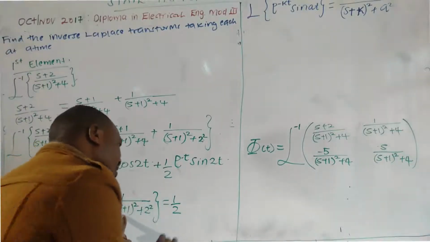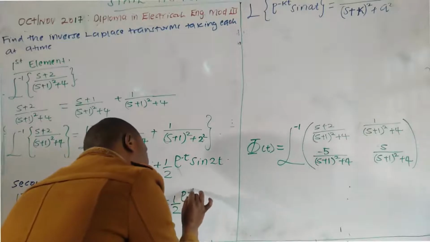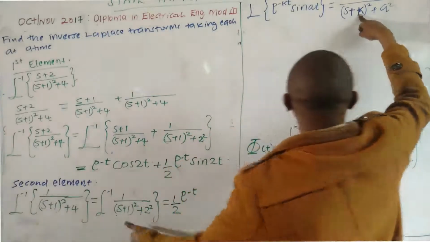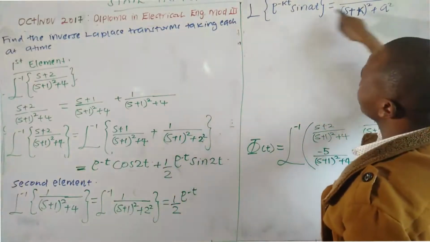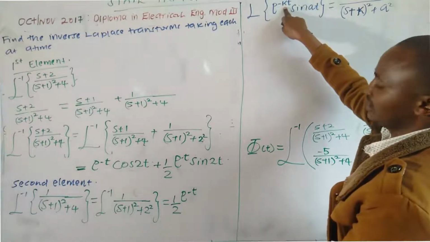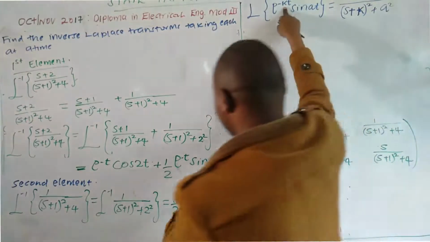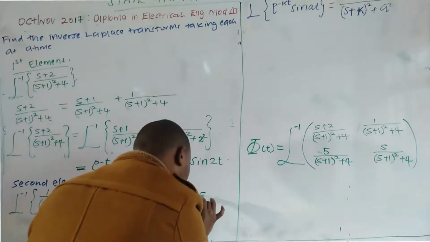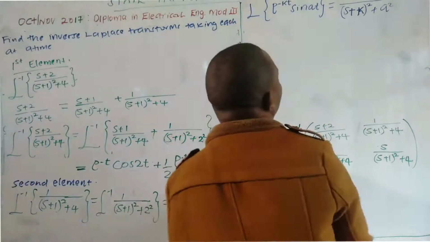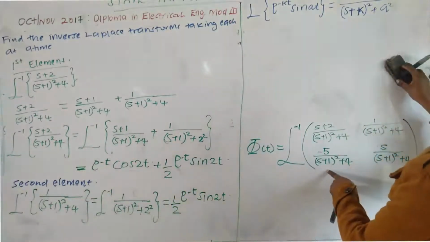And then the whole of this one, application of shift theorem negative t. Goes here, you have 1. This plus. This guy here. It means we have a multiplication by negative t sine 2t, because our a is 2. Let us go to the third one, this one.